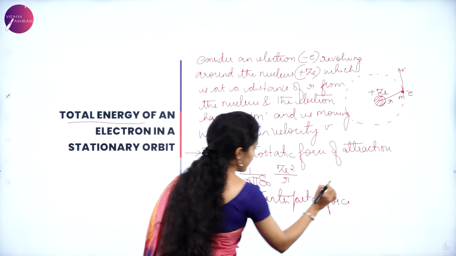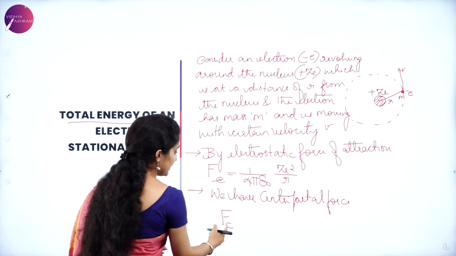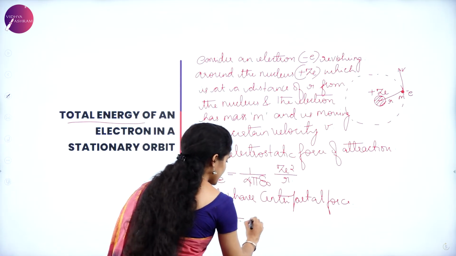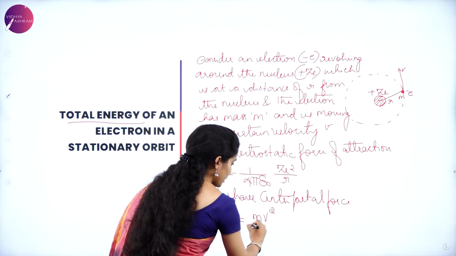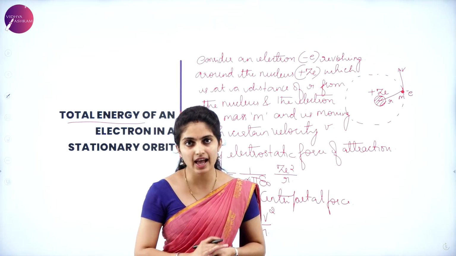How is the centripetal force given? That is Fc, and this is Fe. Centripetal force is equal to mv square divided by R. So we have two sets of equations in our hands.